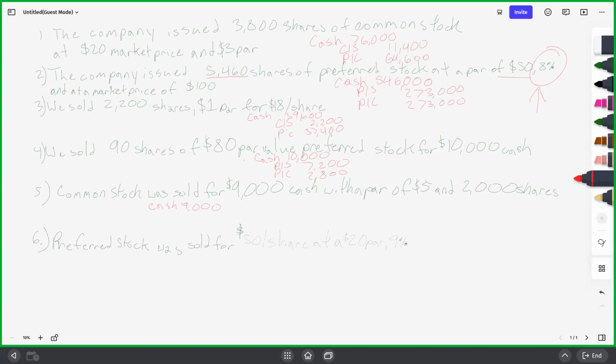APIC is going to be debited. Oh, I realized I made a mistake on this one. We'll make it 19,000. That's on me. So then common stock would be 10,000. What does that mean for APIC? It is 9,000.